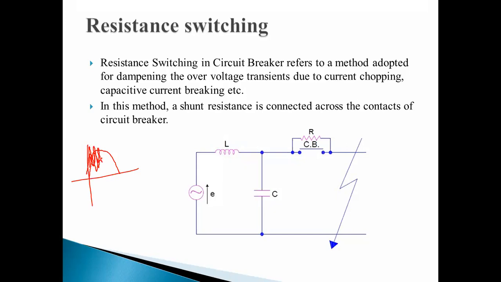So dampening is there. What do we have to do when the dampening is there? To make this wave constant, to decrease or remove these transients, we have to do something. So what is the method? This is nothing but the resistance switching.